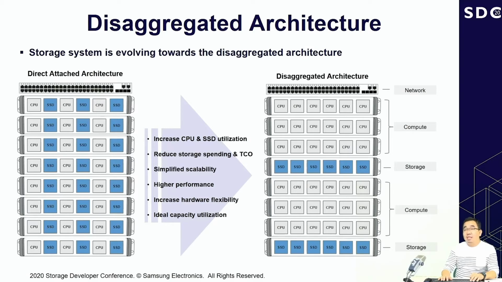But by disaggregating CPU resources and storage resources, you can reduce the number of drives needed to build the storage pool, and you can increase the CPU and SSD utilization. NVMe-oF Fabric is a standard protocol to enable this disaggregated architecture in the data center.